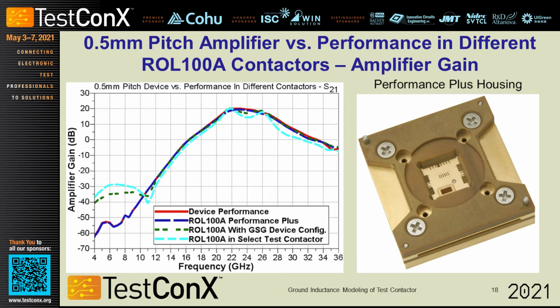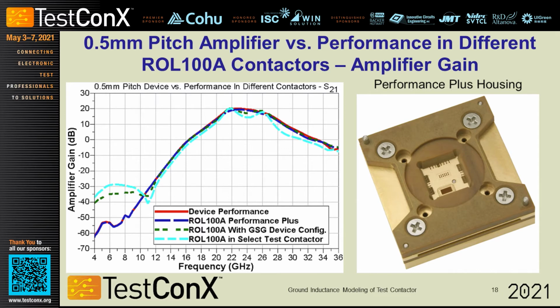And in the middle of the band, this is a 24 gigahertz automotive application, the light blue line basically wiggles a lot. That's because the ground inductance isn't sufficient to test this device. And the areas where there's higher gain are areas where, if something's not quite right, you may see oscillations in this device.